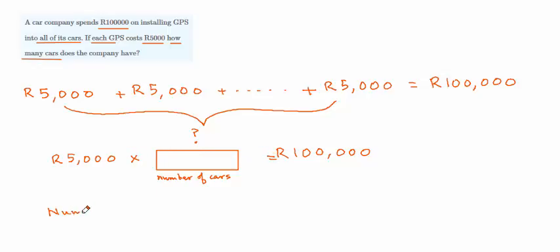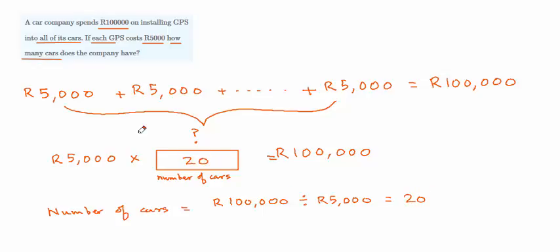So the number of cars is equal to 100,000 Rand divided by the cost of installing GPS on one single car. That's 5,000 Rand. So this is equal to 20.